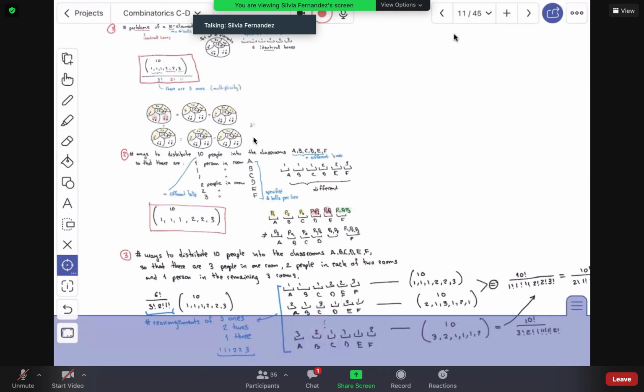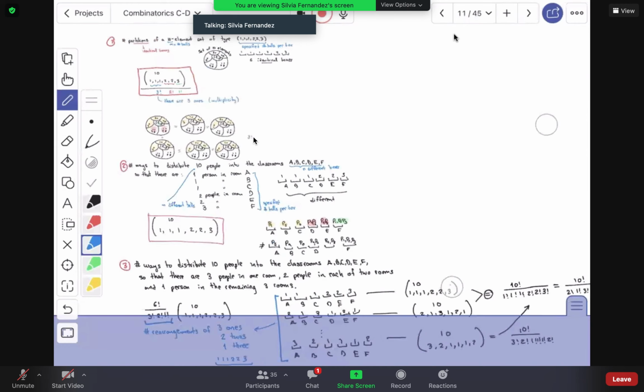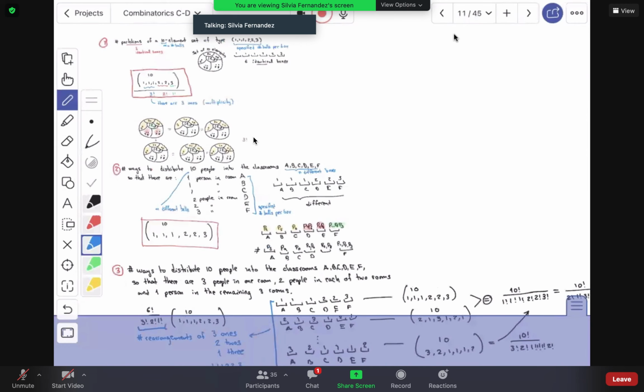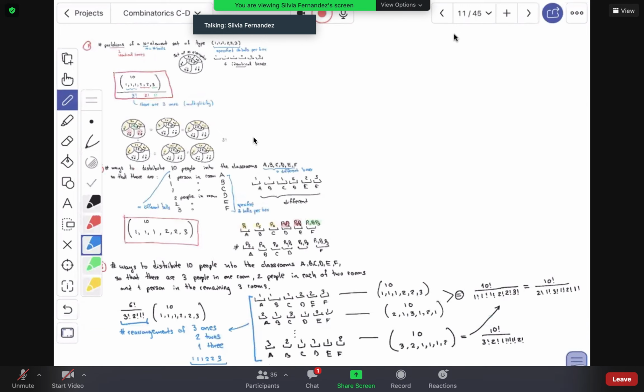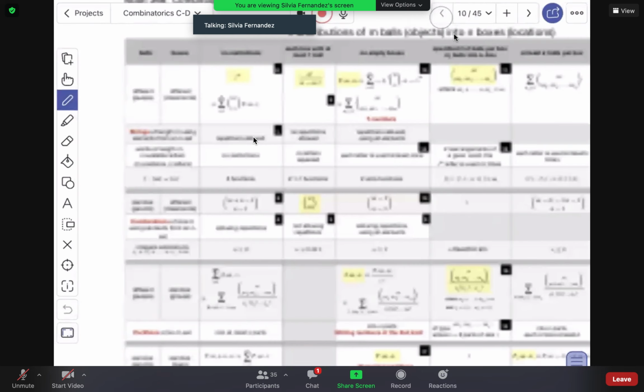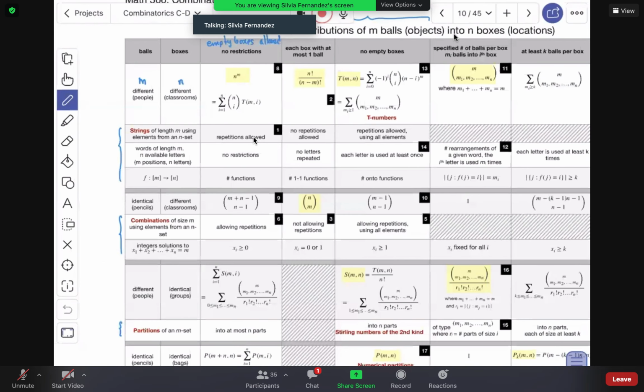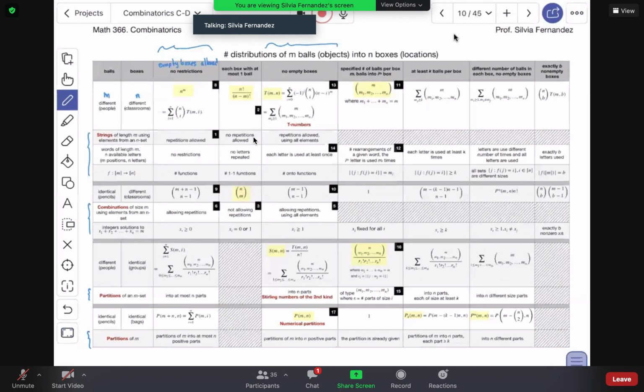Okay, any questions? I'll upload this to Canvas in case you didn't get to copy everything or you're missing something in your notes. All right? Okay. So, take a look at the table, see if you have any questions. We'll talk more about the specific parts on Tuesday if you want.